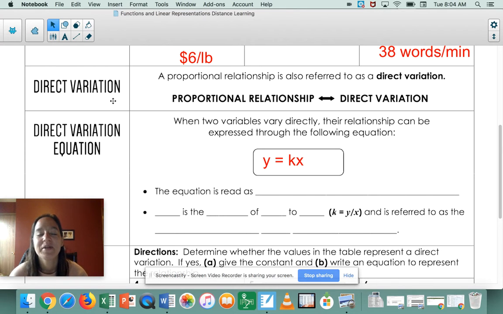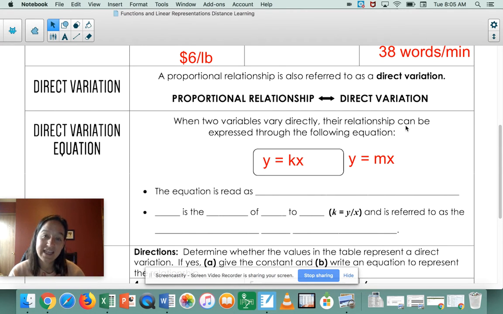Yes, but m always referred to the rate of change. This actually could be written as y equals mx. But the reason why it has to be k is because they want people to make sure that they're looking at the constant rate and not the slope. Because I can have a slope, but it not be proportional.